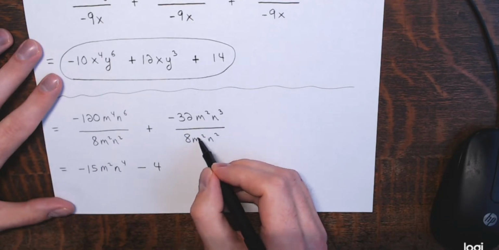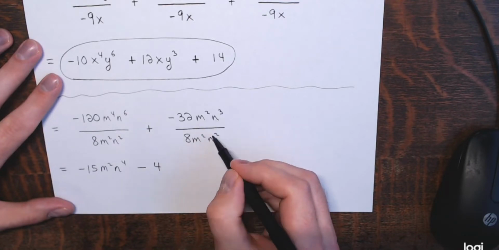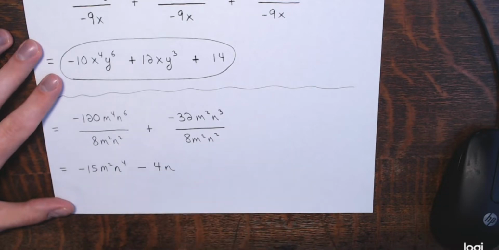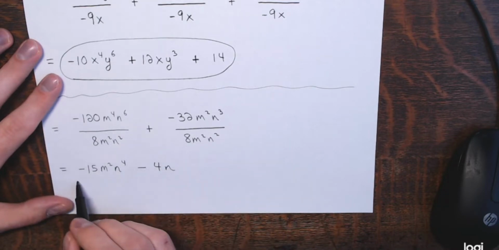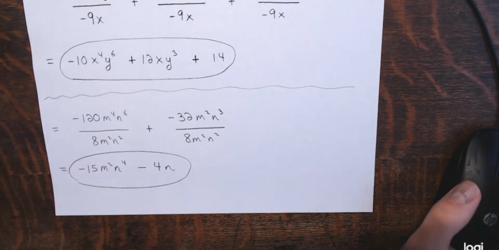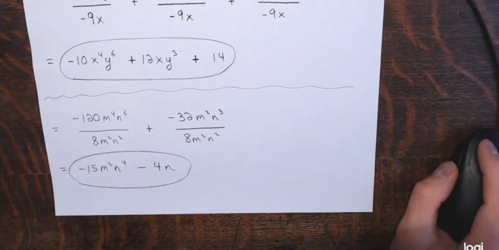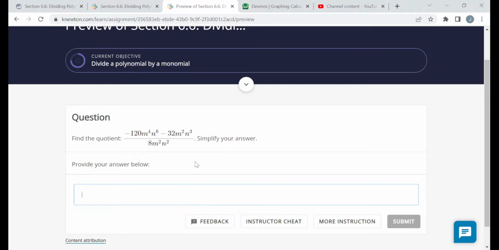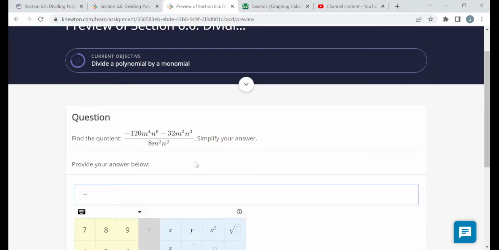Those will cancel. Then n cubed divided by n squared is n to the first. So I'm just left with negative 4n for the second term there. And there we go. There's the result of dividing that binomial by that monomial. So first term, negative 15 m squared n to the fourth, and then the next term minus 4n.